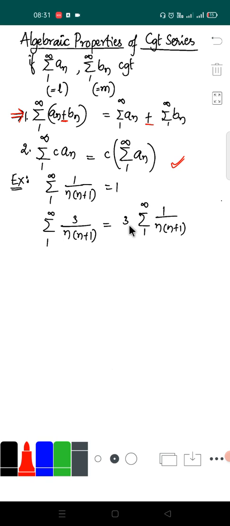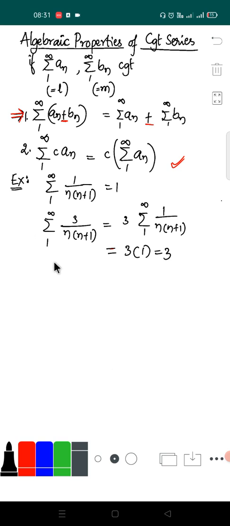You can visualize that we factor 3 out of the summation. So 3 into the entire summation, which is 1, so this is 3.